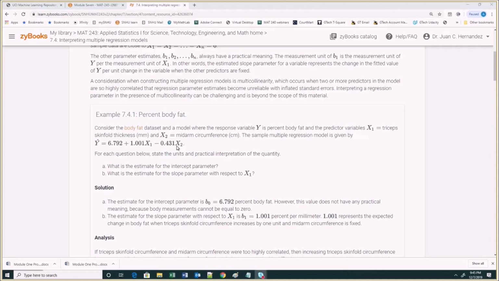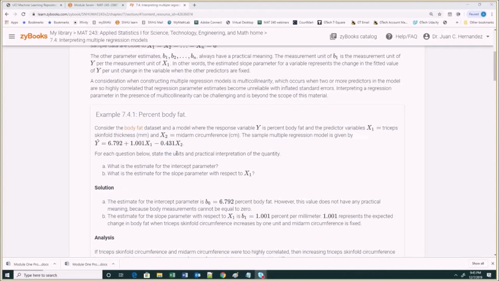Good. So what this means here is, since this is the slope, then a unit change in x1, so say x1 goes up by 1 unit, provided that x2 remains constant, then the change in the estimated value of y here will be 1.001.